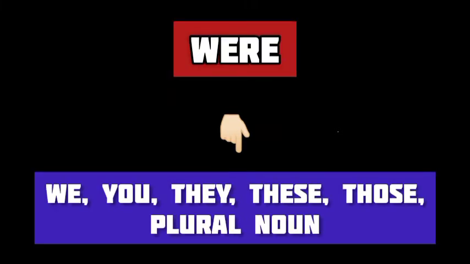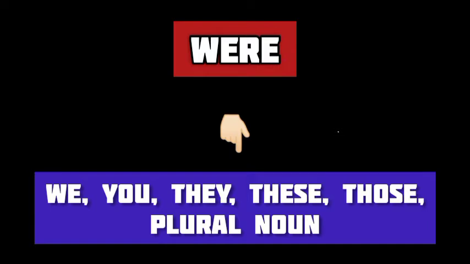While on the other hand, if the subject is we, you, they, or any plural noun, the auxiliary verb were is used. So we clearly understand that in past continuous tense we use either was or were according to the subject of the sentence and then the ing form of the main verb.